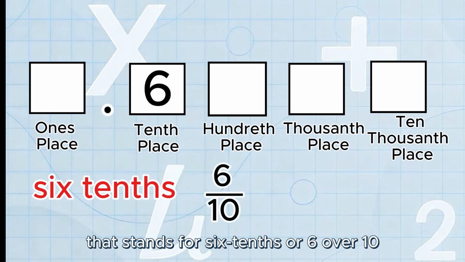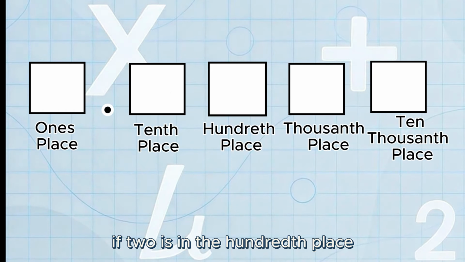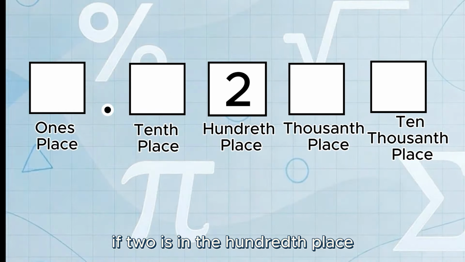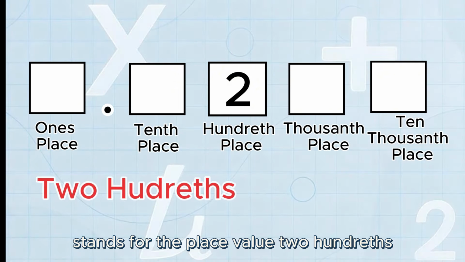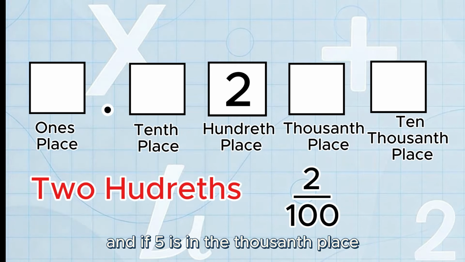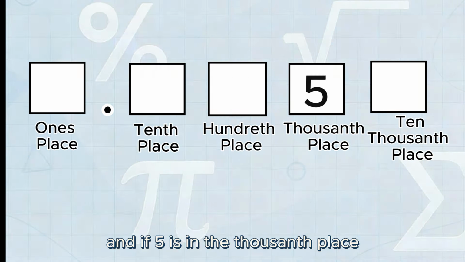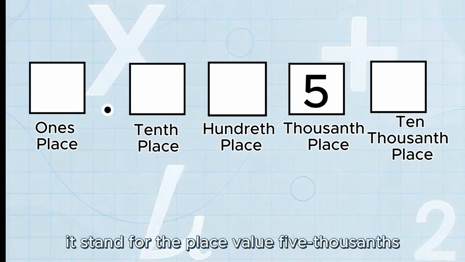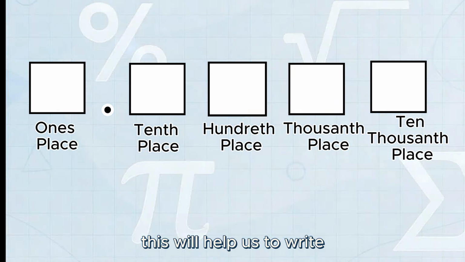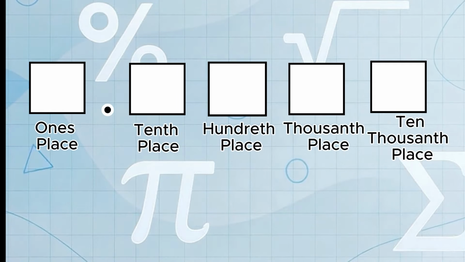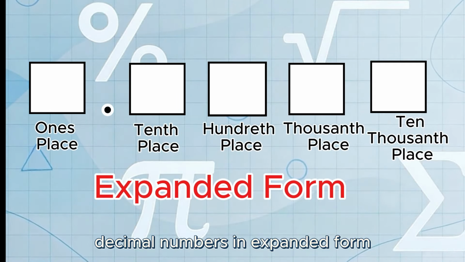If a 2 is in the hundredths place, it stands for 2 hundredths. And if a 5 is in the thousandths place, it stands for 5 thousandths. This will help us to write decimal numbers in expanded form.